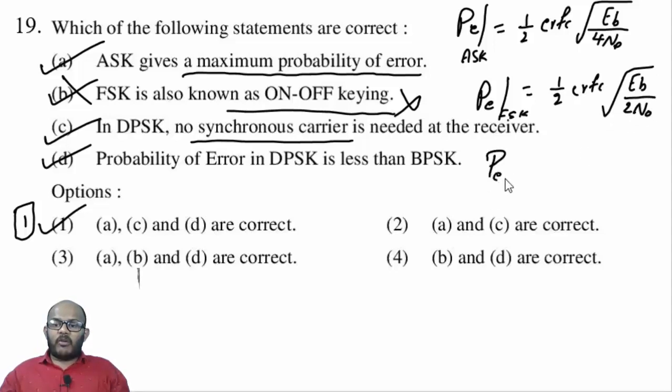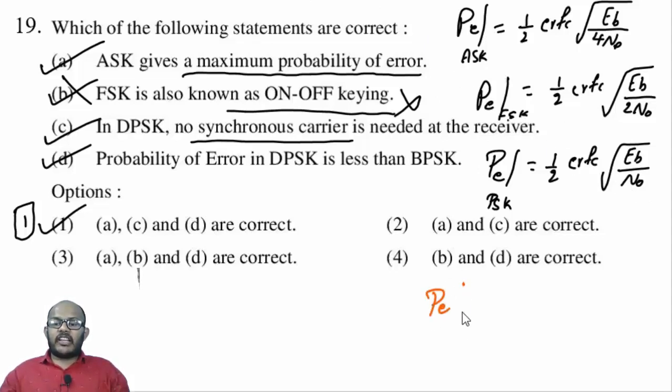If I am talking about probability of error in the case of PSK, it is given by half erfc of square root of Eb divided by N0. So you should remember the probability of error in the case of ASK, FSK, PSK. The probability of error in the case of DPSK is expressed in terms of an exponent. So this is one thing you have to remember.